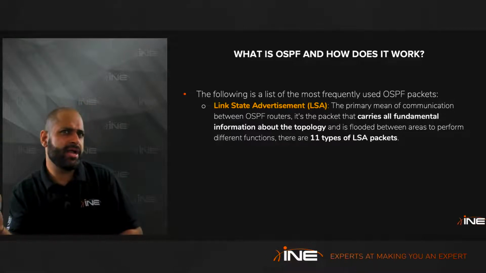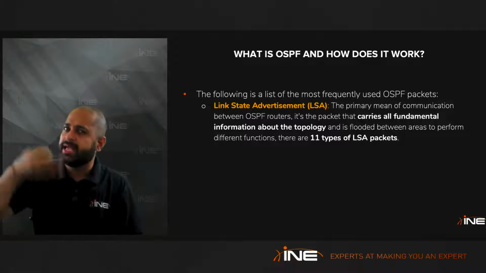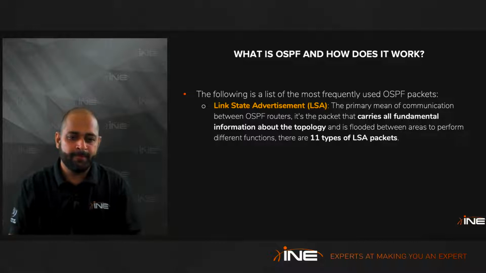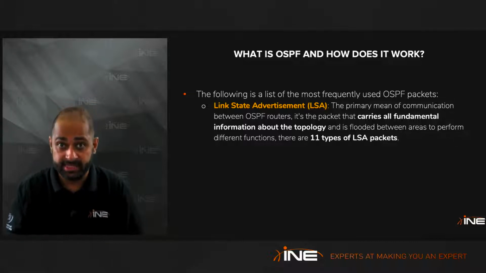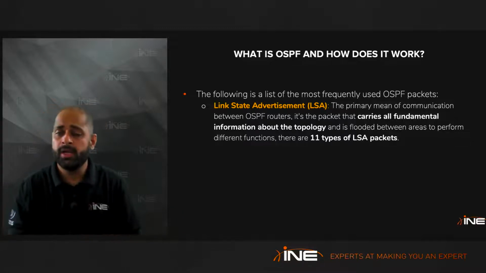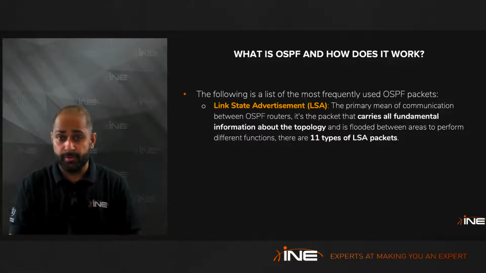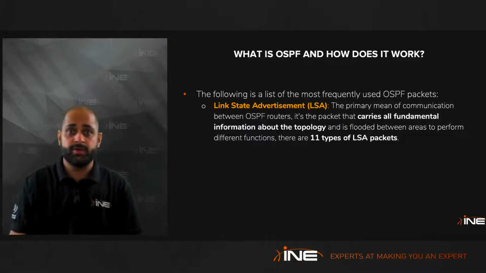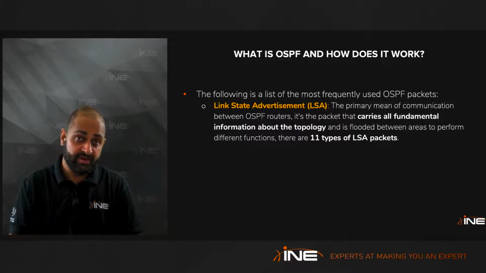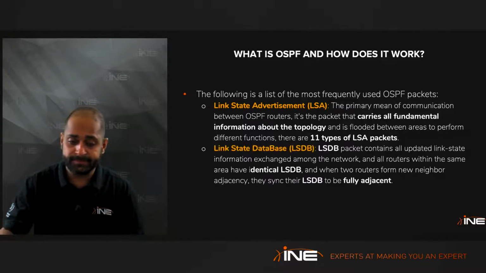For example, the router ID of the neighbor, who is advertising, who is the originator, what links he has, what the metric is, whether it is LSA 1 or LSA 2. There are different types of LSAs, where a router could receive LSA 1 or 2 or 3 or 4. In fact, there are 11 different kinds of LSAs that you should know about. In some of our other videos, we will be talking about all 11 types of LSAs, their functionality and their differences.